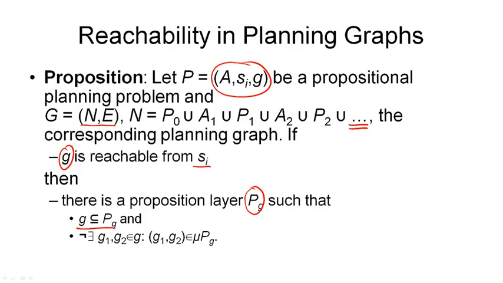And the second thing that must be true is that there does not exist a pair of goal conditions, G1, G2, that are part of our goal, that is mutually exclusive in this proposition layer. So, not only are all the goal propositions in this layer, but they can also be achieved together, at least as far as we know.